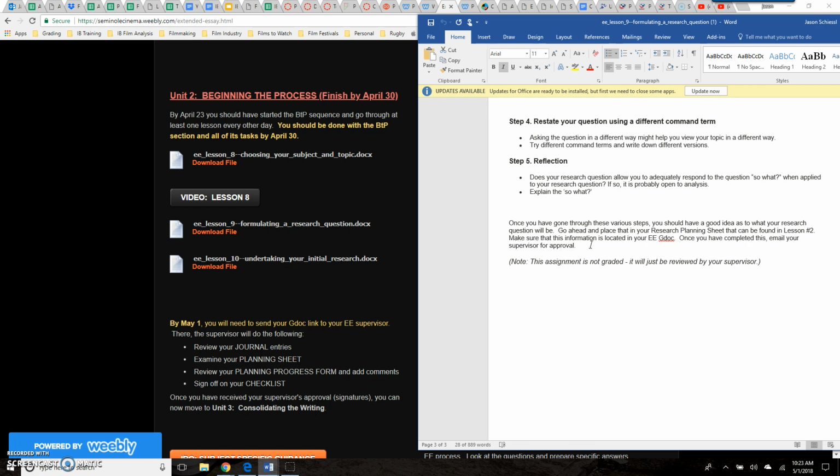At the end of Unit 2, you need to make sure that the student has a good quality research question, because if you just approve it just to approve it, they could go down the wrong path, or it could be too general, and then all of a sudden it creates additional work for all stakeholders. What you want to do is ensure that they are on the right path, and that they've chosen a path that is going to help them be most successful. And in order to do that, you need to make sure that they follow all of the steps that we've laid out.